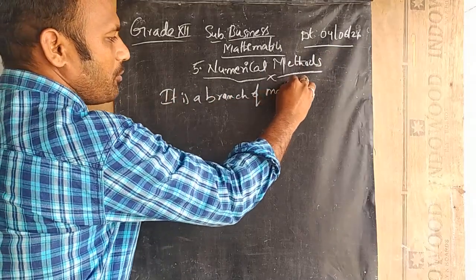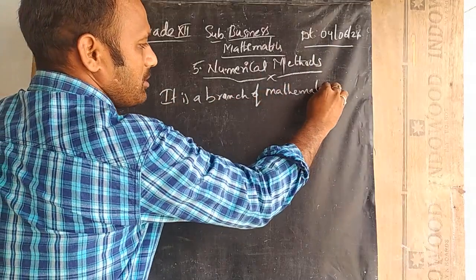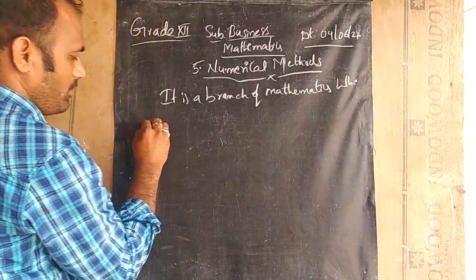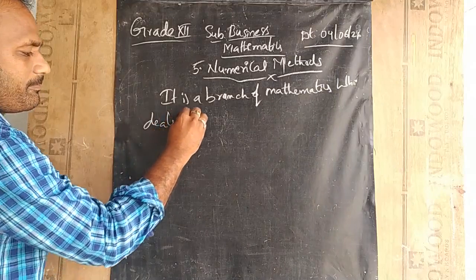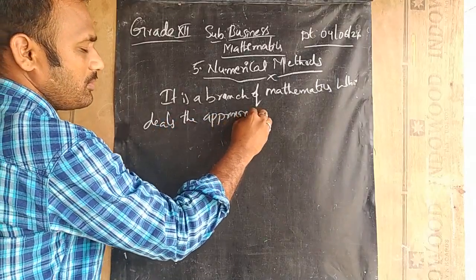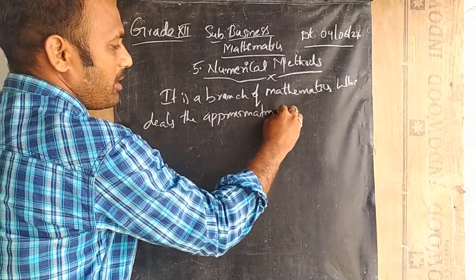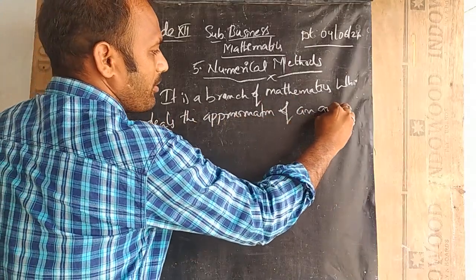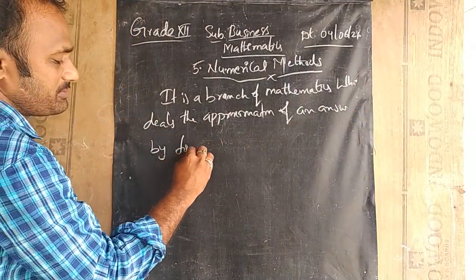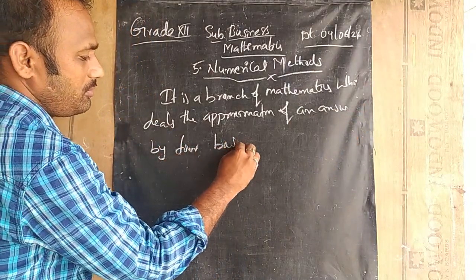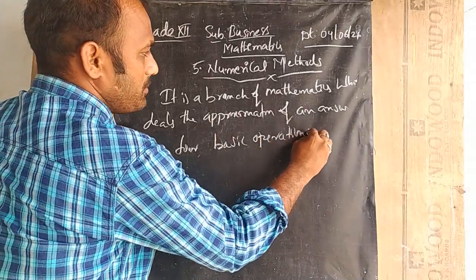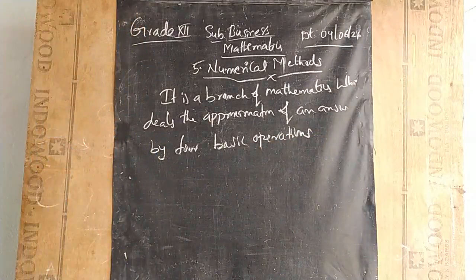It is a branch of mathematics which deals with the approximation of an answer by four basic operations. That is why we call it a numerical method.